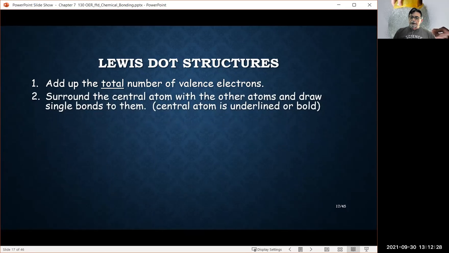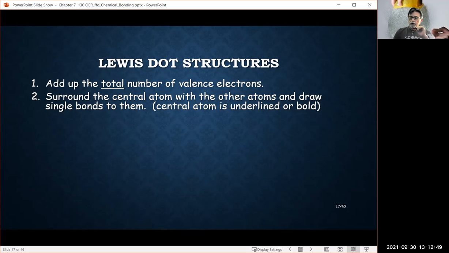So then you're always going to be told who is the central atom. So you write the central atom down, and then we just basically bond those other elements to the central atom using a line to show that bond.